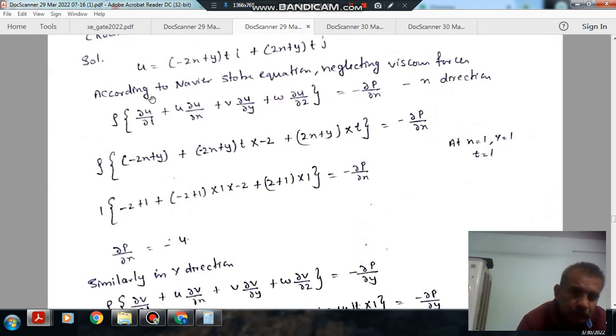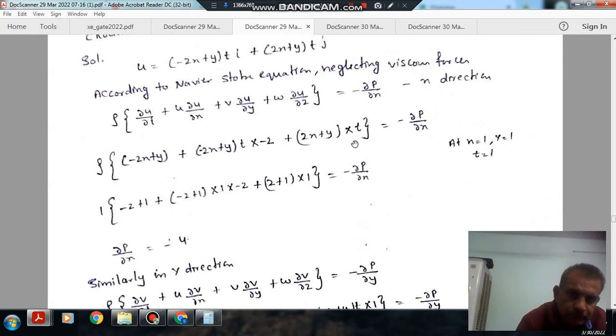Okay. Finding out these values, ∂u/∂t is (-2x + y), and u is again (-2x + y)t, and ∂u/∂x is -2. And v is (2x + y)t, and ∂u/∂y is 1.